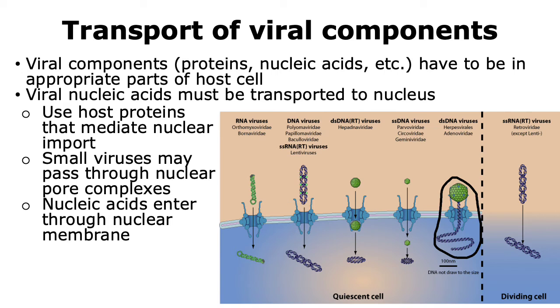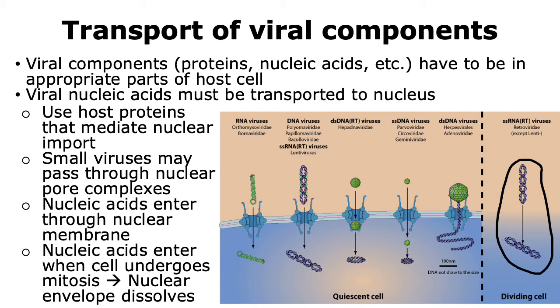In another mechanism, the viral particle can dock onto the nuclear pore complex on the cytoplasmic end, and on that side, a pore can be formed where the nucleic acids can be threaded through the nuclear membrane to gain access to the host nucleus.